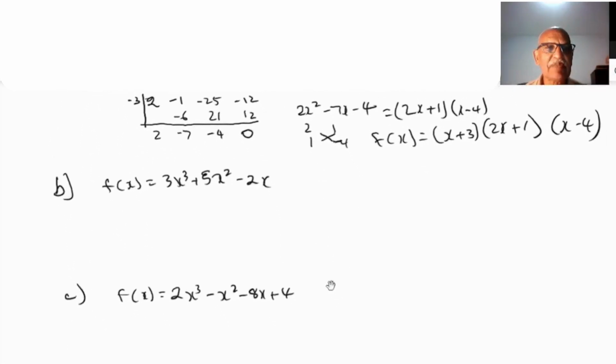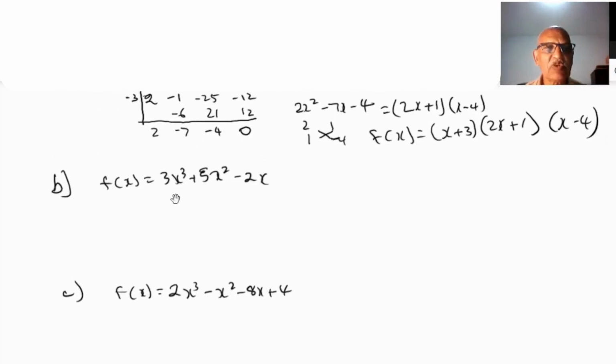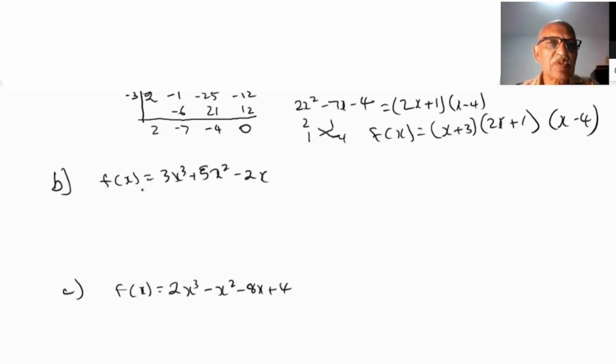The next example is 3x cubed plus 5x squared minus 2x. I can see there is a common factor here. The first thing I always check in factoring is if there is any GCF. There is a GCF in this case. I take the x out: x times 3x squared plus 5x minus 2. Then I factor 3x squared plus 5x minus 2.